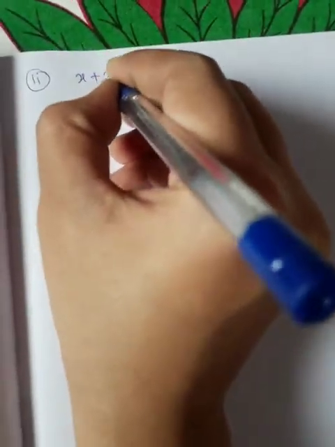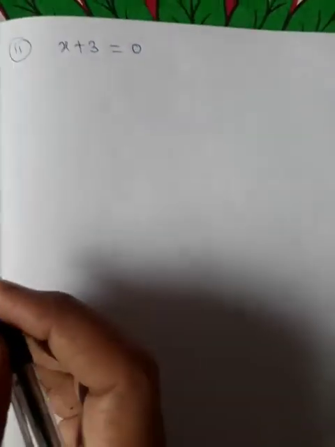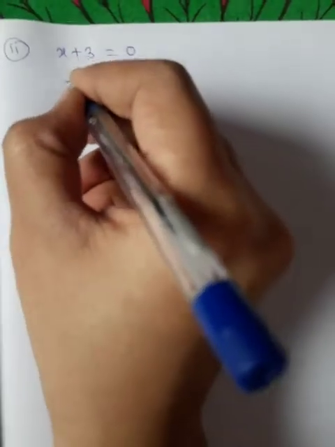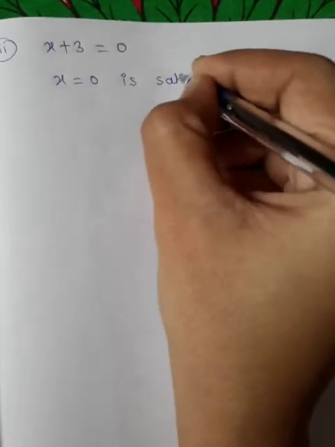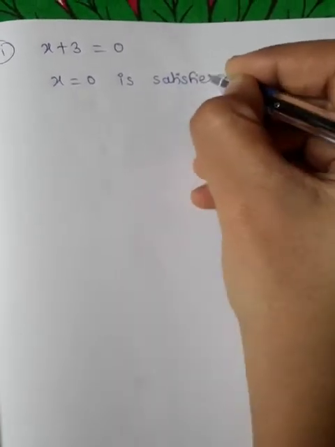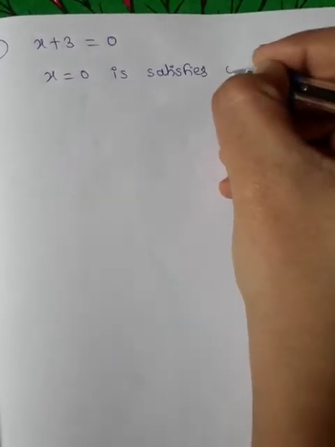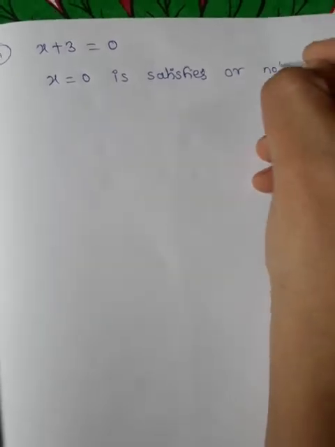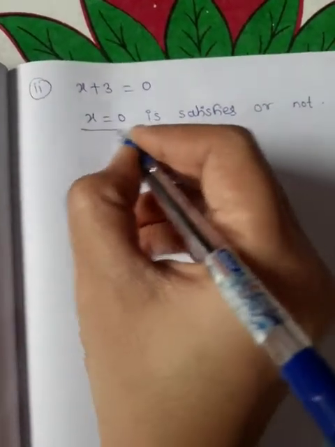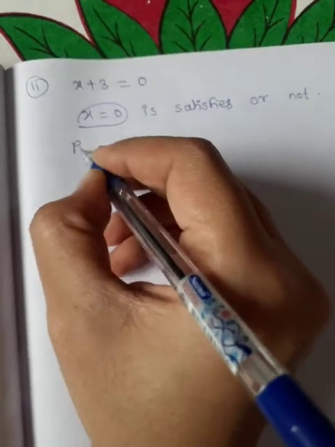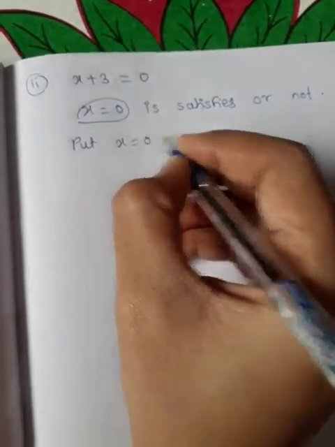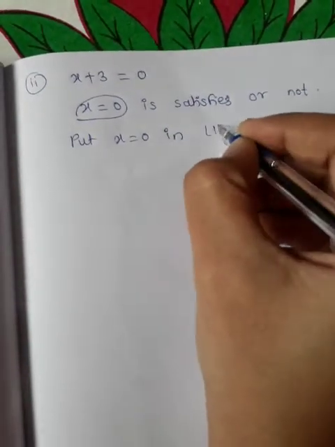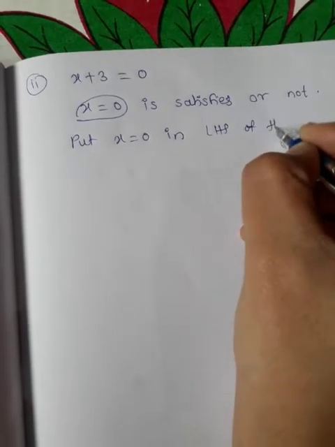Okay, so like this, check the second one. Now what is the second equation? The second equation is also the same, x plus 3 is equal to 0. We have to check whether x is equal to 0 satisfies the given equation or not. So here put x is equal to 0 in the LHS of the equation.